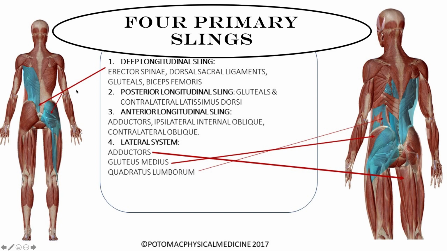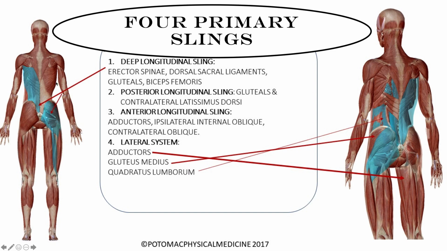If we look at the posterior sling, we're looking at glute plus contralateral lat. The anterior sling, which isn't really shown here, we're looking at the adductors, and then on the front side, contralateral serratus, and a little bit of pec and oblique. And then the lateral system, we're looking at basically the whole lateral chain.